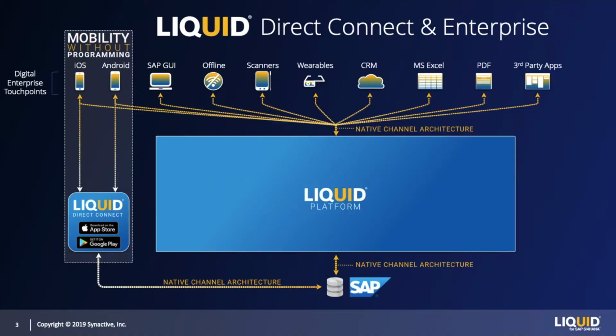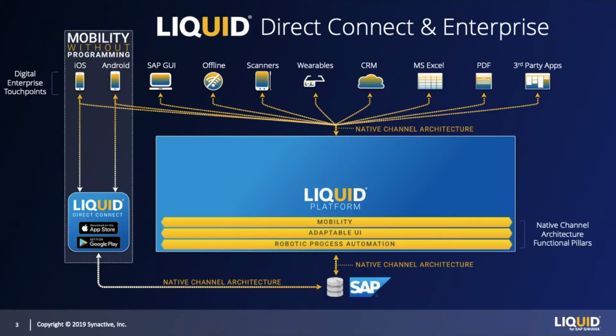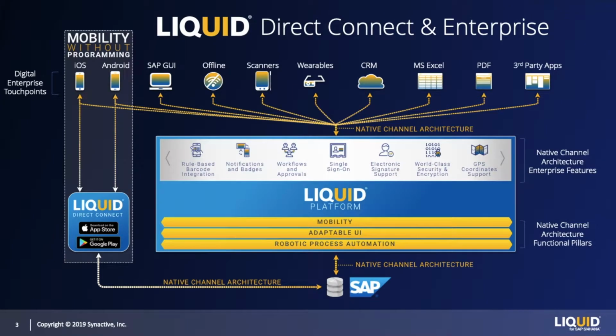Now, Enterprise describes the full platform with a suite of functionality for customizing and automating and mobilizing SAP ERP apps and connecting them with the rest of your IT landscape. This is also what delivers our offline functionality and a host of other enterprise features.